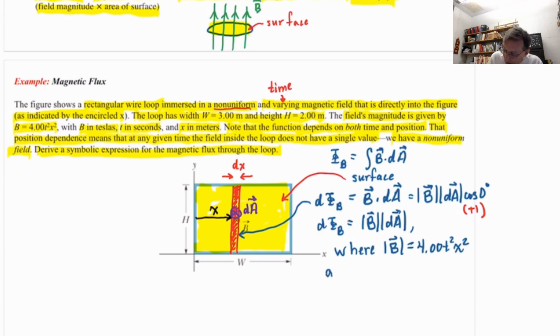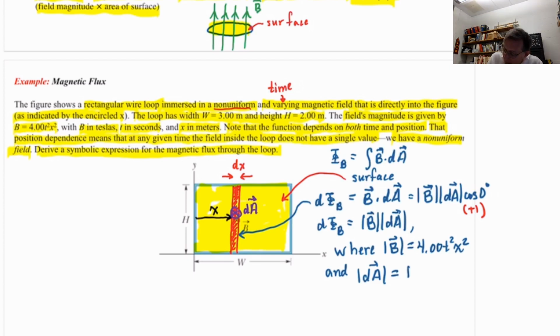And the dA magnitude, well, that's just the area of that rectangle I've shaded in red. It's got a width crosswise of h and a length this way of dx.